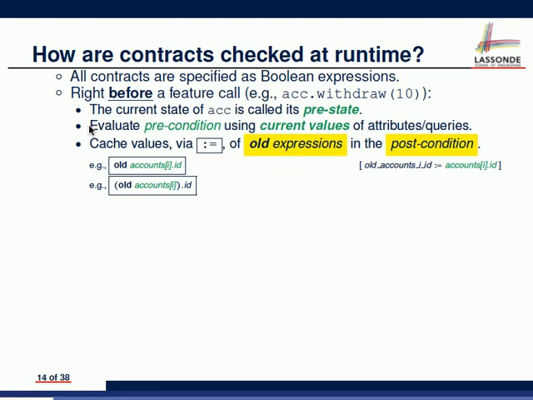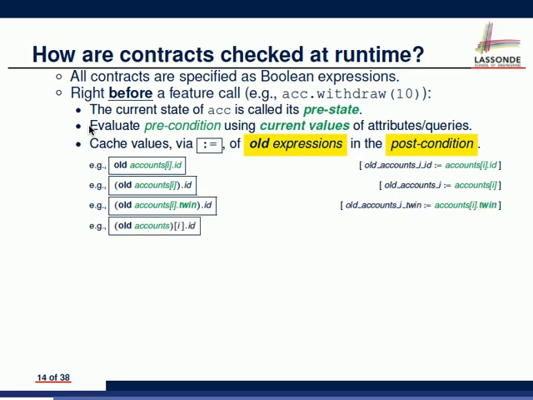Can you imagine these two things mean something very different? The third possibility, I can say old accounts at position i.twin parenthesized .id. I can say old accounts parenthesized at position i.id. I can say old accounts.twin parenthesized at position i.id.